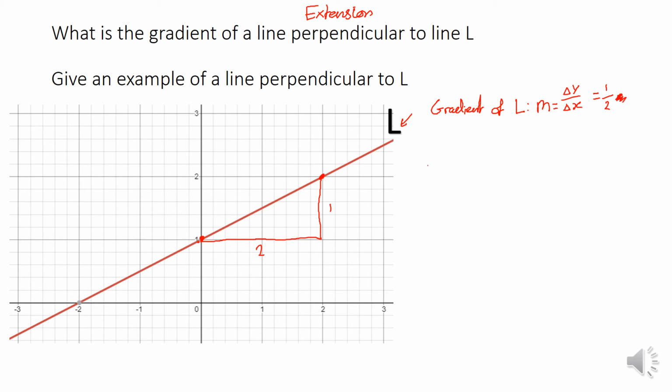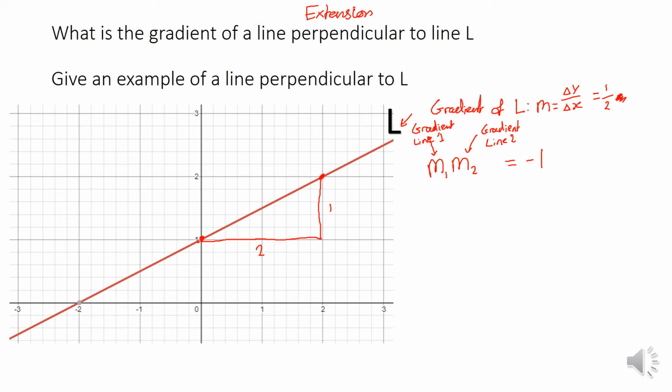So basically I'll write out our rule as m1 times m2. So this is the gradient of line 1, and in this case line 1 will be L, and m2 is the gradient of line 2. So gradient of line 1 times gradient of line 2 equals minus 1.